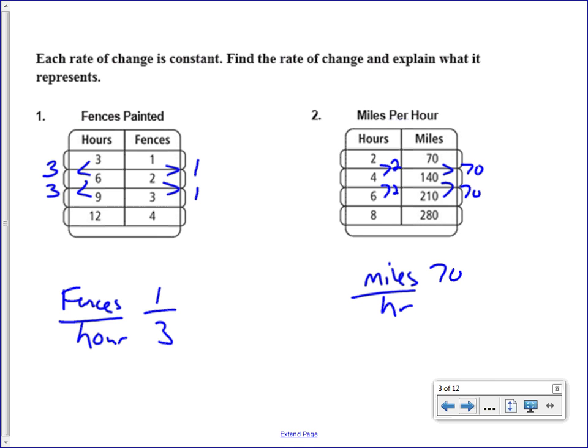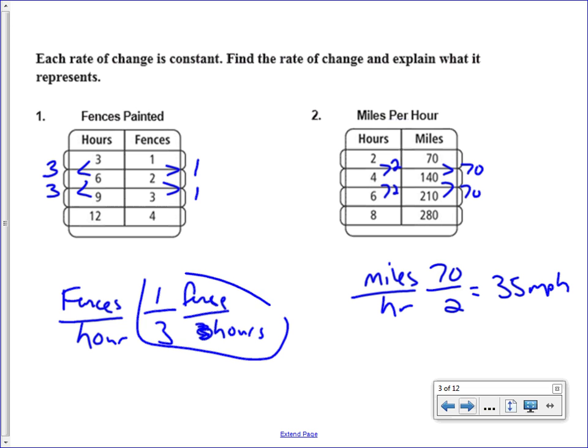So 70 miles in 2 hours translates to 35 miles per hour. Okay, that would be our rate of change. This would be 1 fence for every 3 hours. That would be our rate of change for that one.